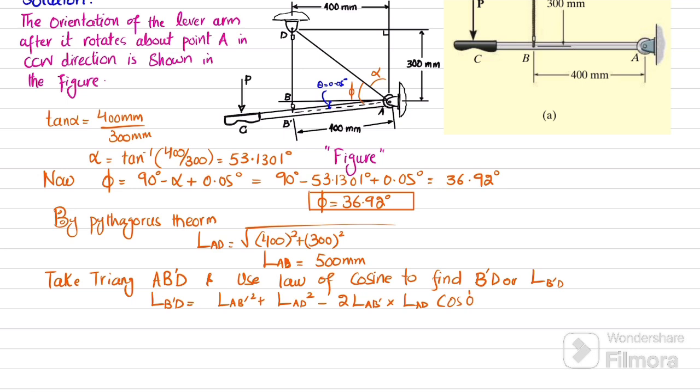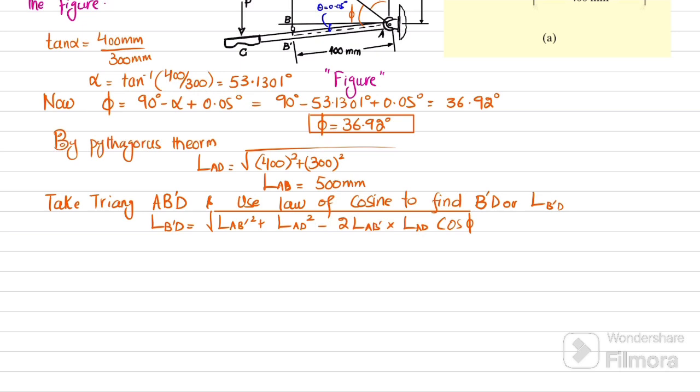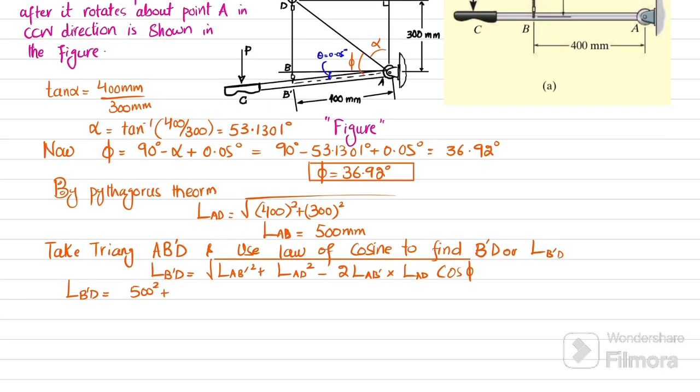Clear? And you will take the square root, under root. Okay. Now put the value. You will get the length of B dash D will be equal to 500 square plus AD, length of AD was 500 square, length of A dash B dash, AB dash, is 400.